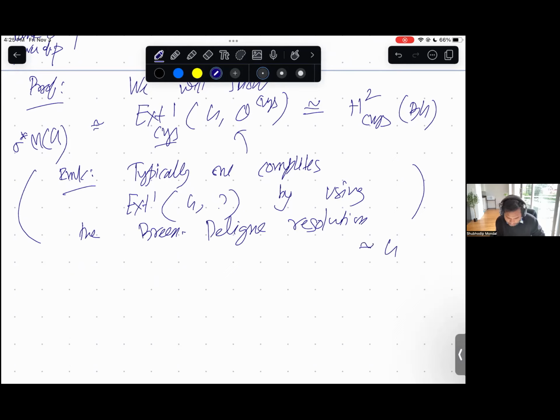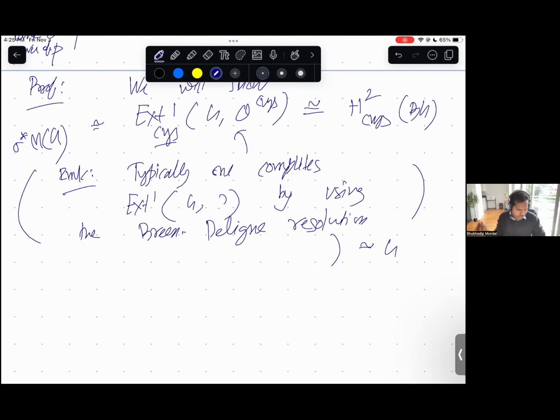So what that says is that... just a moment. Do we really need it? The linear resolution is something not quite obvious, but do you really need it if you are interested only in Ext^1 as opposed to higher Ext groups?